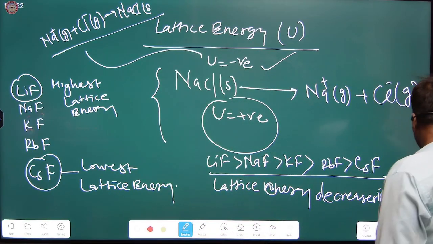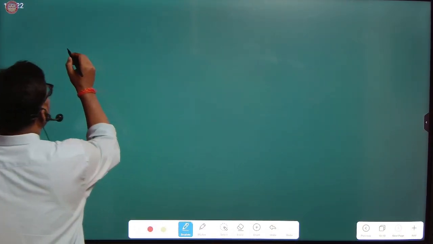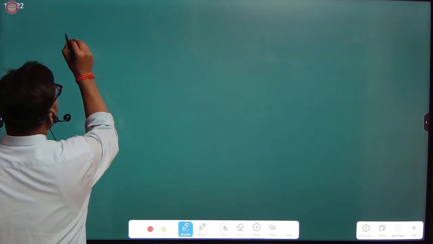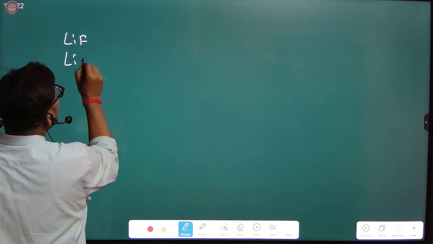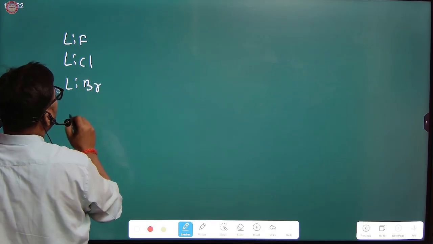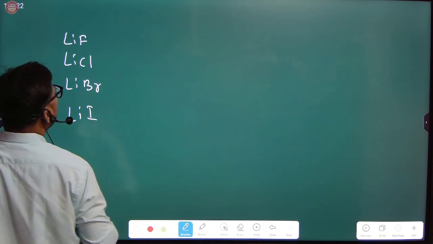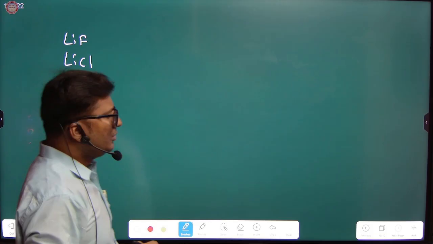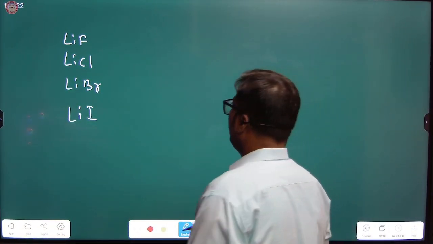Suppose in the next example we have LiF, LiCl, LiBr, and LiI. Here the anion is varied and the cation is fixed.